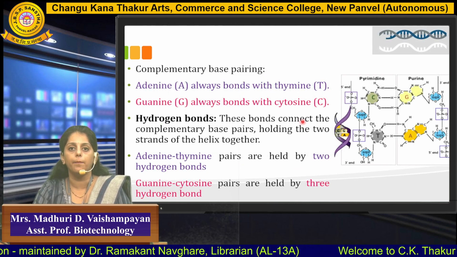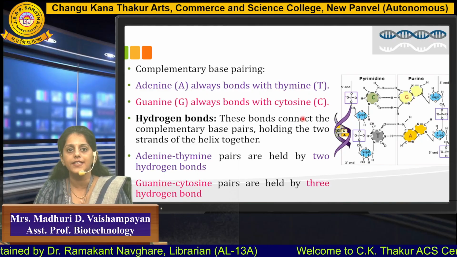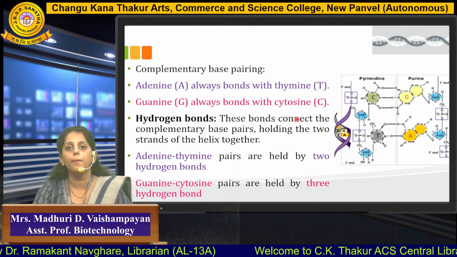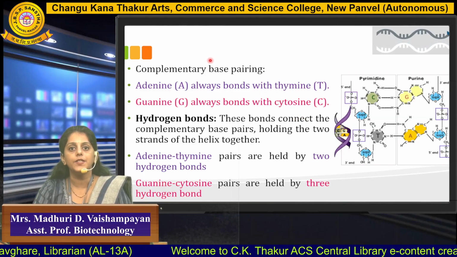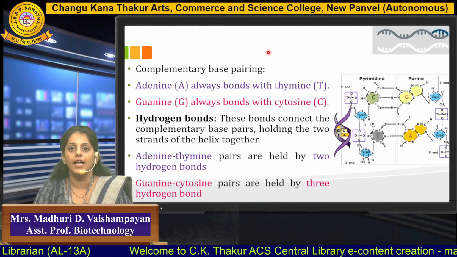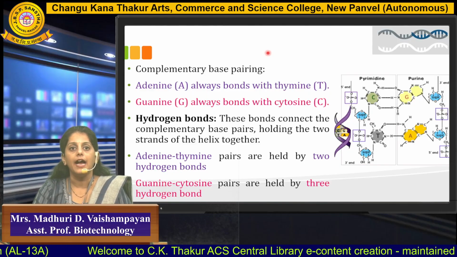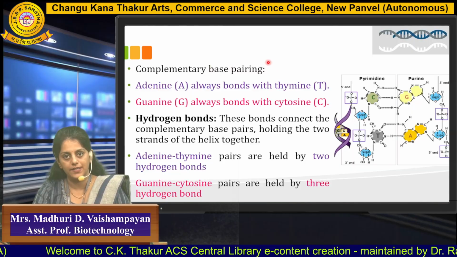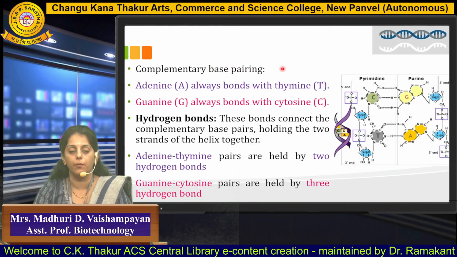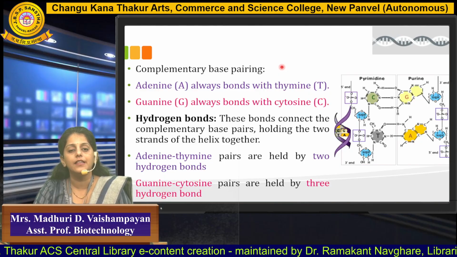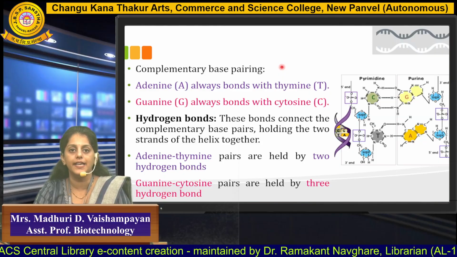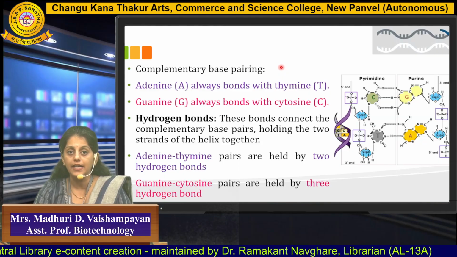In case of complementary base pairing, these purines and pyrimidines show complementary base pairing with each other. So, adenine always pairs with thymine with the help of a double bond, and guanine always pairs with cytosine with the help of a triple bond. So, which bond is present between these nitrogenous bases? The hydrogen bond is present between your complementary base pairs.